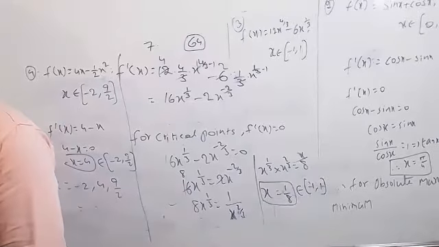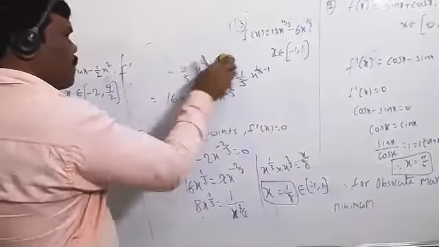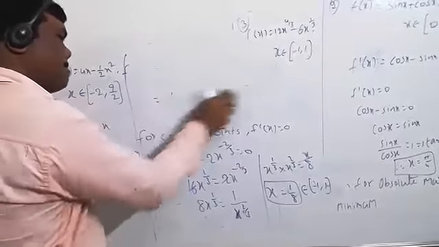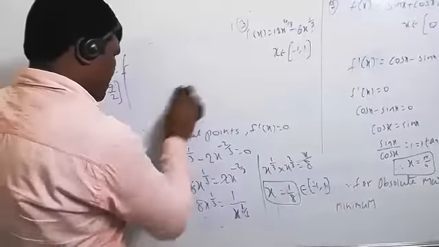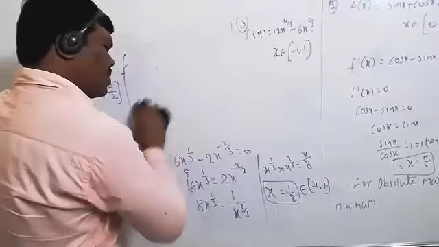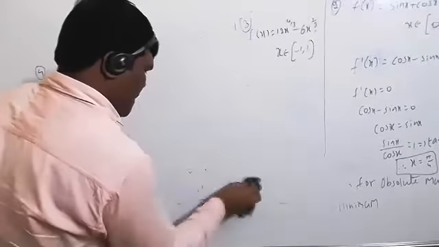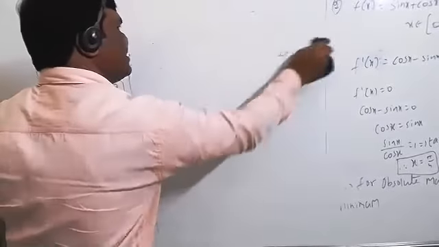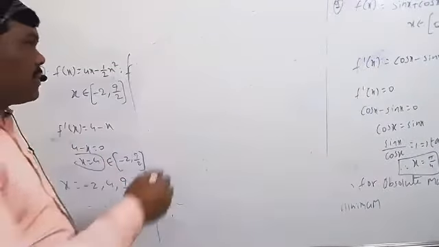Next. f of x equal to x minus 2 whole square plus 3.